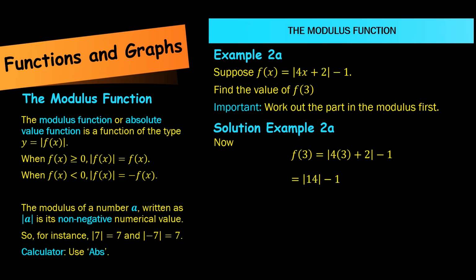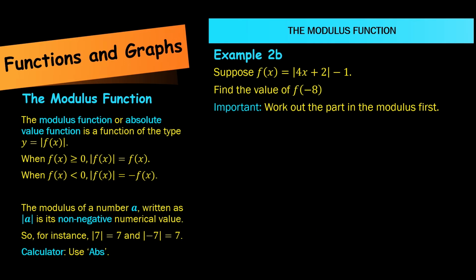This equals mod 14 minus 1. Of course, mod 14, because it's already positive, is equal to 14. And of course the minus 1 is tagged on as well, to give us 13.